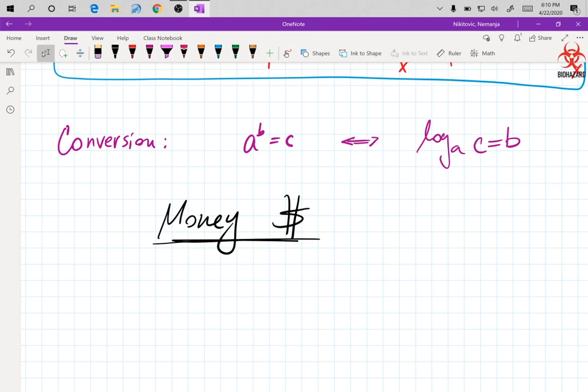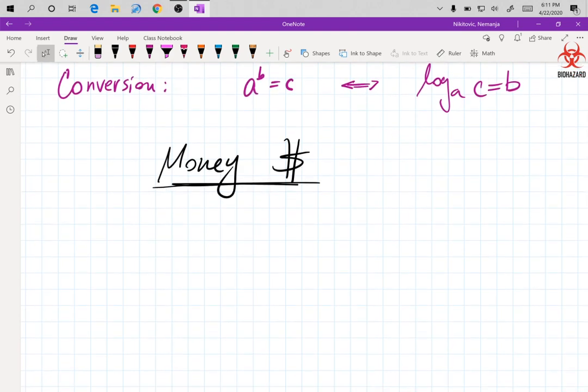So when you buy a big ticket item, a car, house, you take a loan of some kind, a larger loan, either to start a business or something. You might not have the cash to pay for it, so you have to borrow someone else's money, then you have to pay them interest.